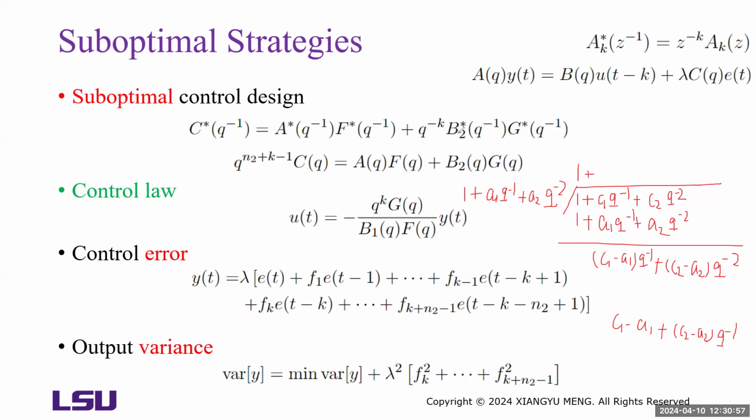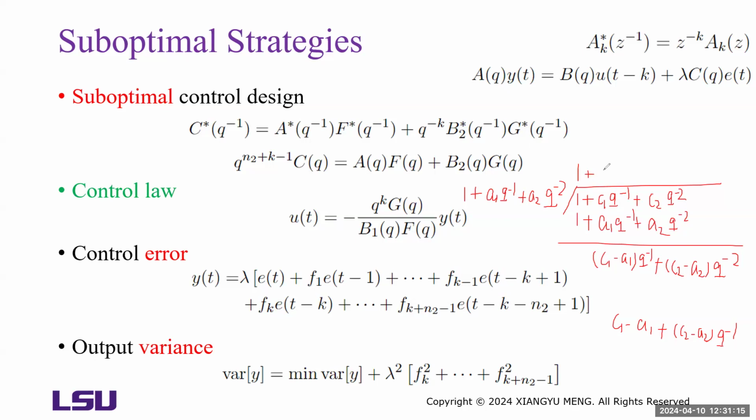So compared with the minimum variance control, we just need to have this F with a higher order. If n2 is 1, we just need to continue.